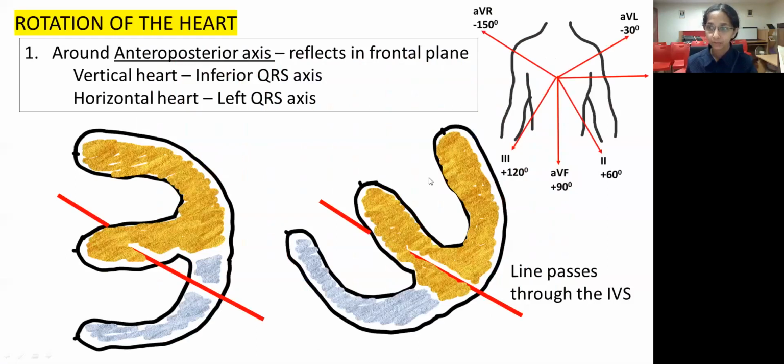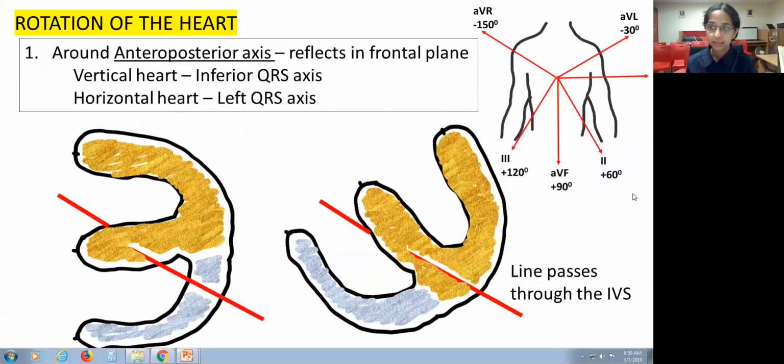Now we come down to the last slide of this basics, which is on the rotation of the heart. Now the rotation of the heart is actually a little more confusing, and hence, we'll try to simplify and understand.